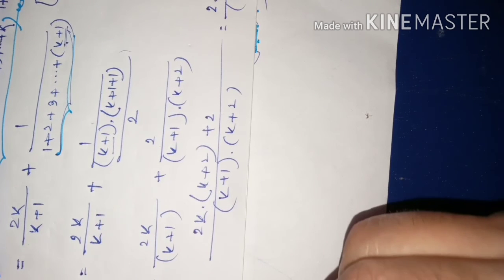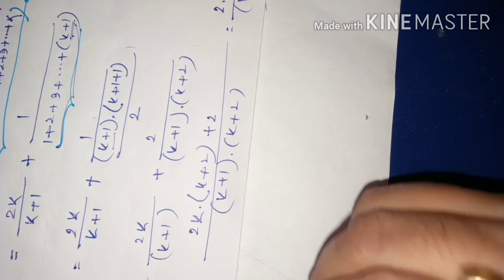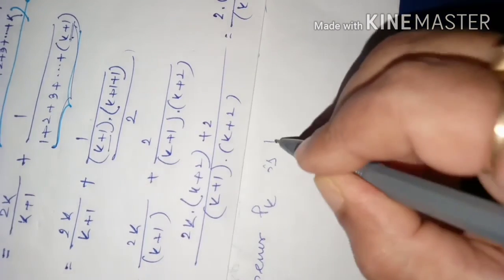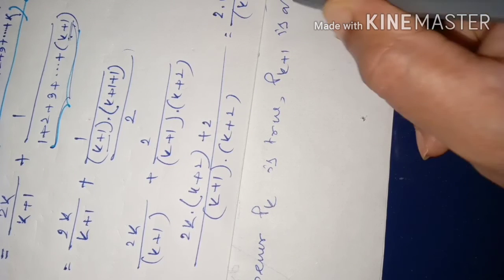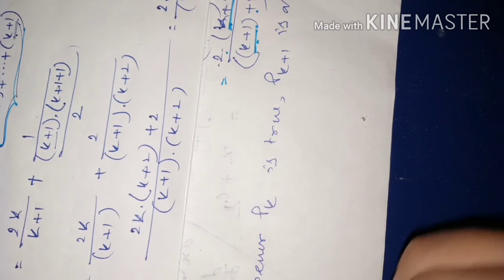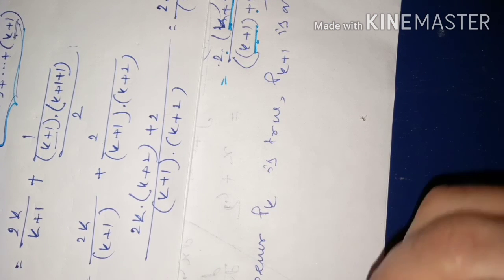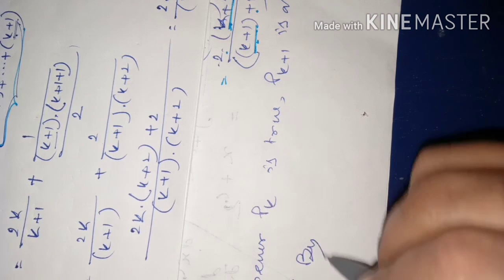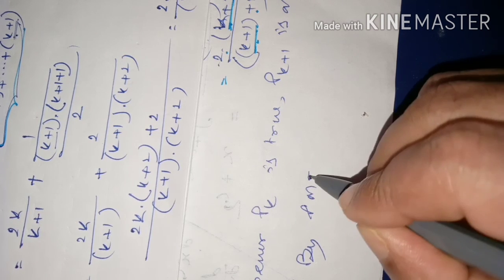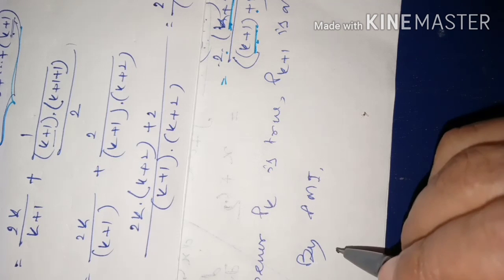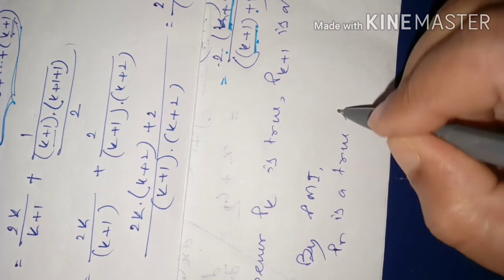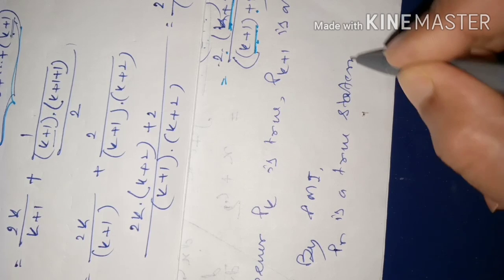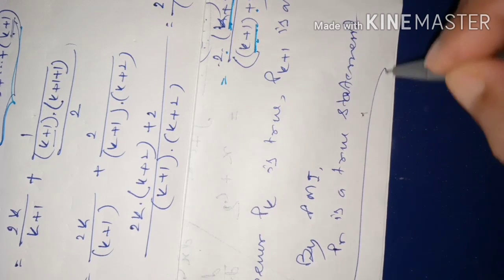So you can write like this: whenever P of k is true, P of k plus 1 is also true. Therefore, by the principle of mathematical induction, P of n is a true statement. Hence proved.